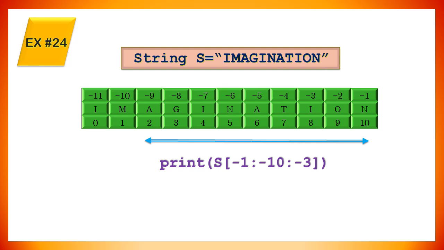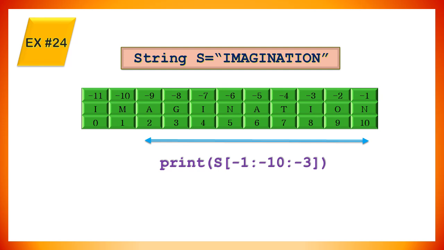So if the selection process goes from right hand side to left hand side, the index generation will be till before the index provided as the end index, as we had seen. In case of forward indexing, that is from left hand side to right hand side, we subtract 1 from the end index. But whenever we have a negative step value, that means the selection process goes from right hand side to left hand side, we have to add 1 to the end value.